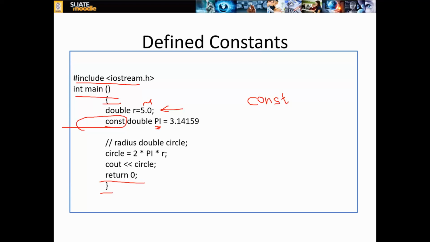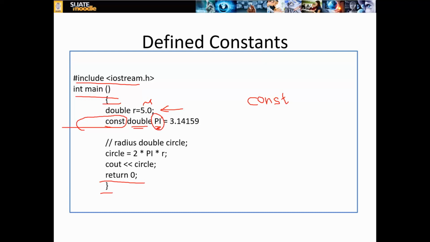The name of the variable is pi, and the type of the variable is double again. And before that, you have the keyword const. So when you have the keyword const, that means this pi variable is a constant value.